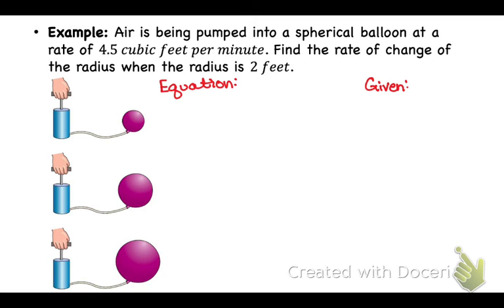Okay, so if it's cubic feet per minute, that's volume, isn't it? Does everyone see that? If it says cubic feet per minute, is that the volume that's changing? Yes, because it's cubic. So dV/dt equals 4.5, and I would probably change that to 9 over 2 because I would rather work with the fraction. 4.5 with 9 over 2, and it's what, cubic feet per second?